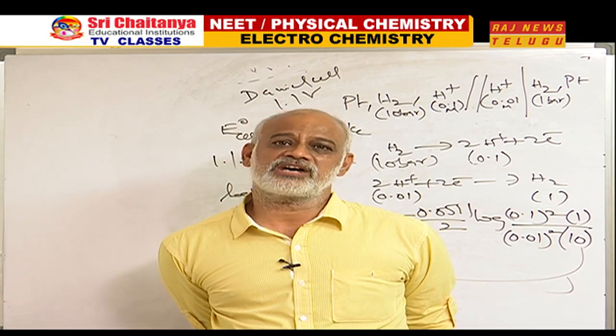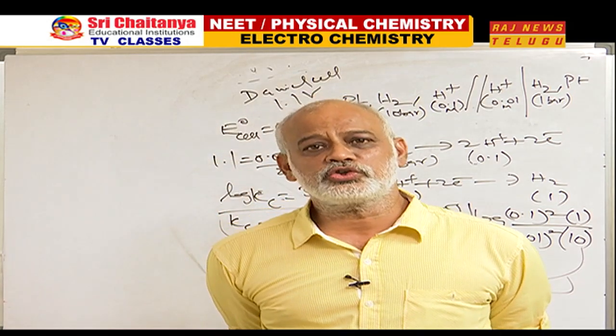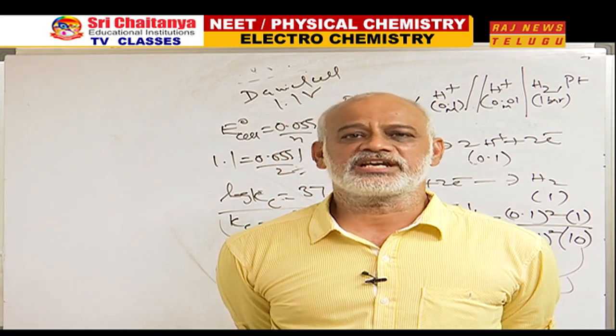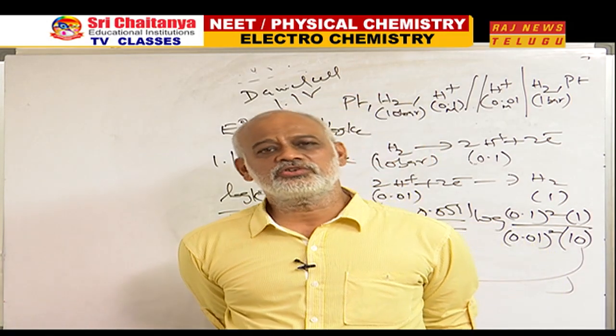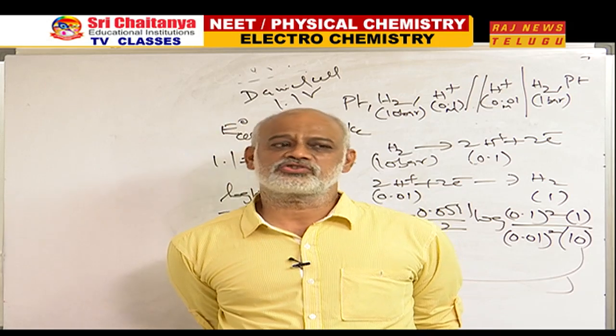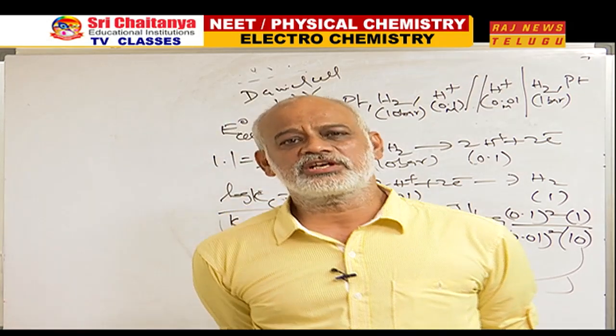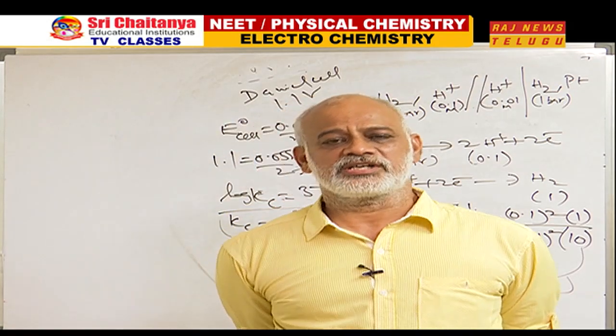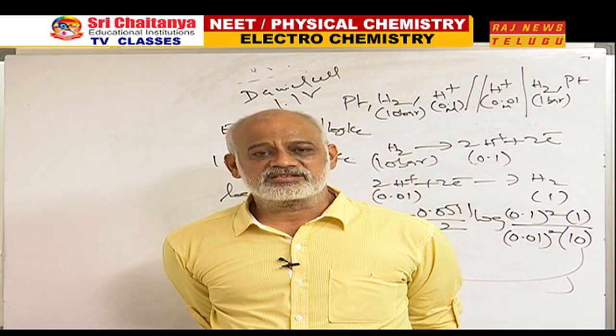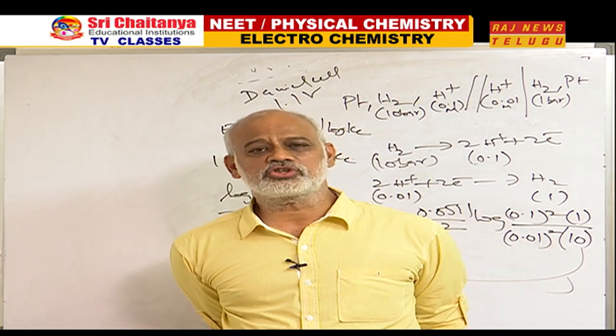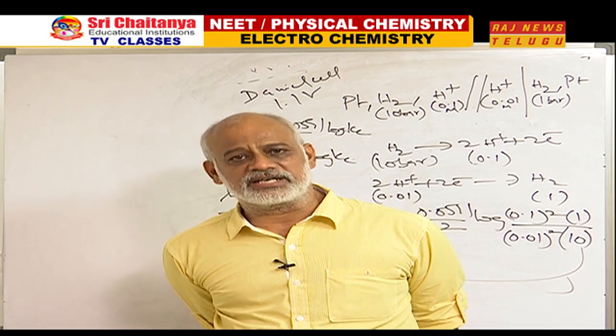What is the formula of rust? Fe2O3.xH2O is called rust. This rust is nothing but due to oxidation of iron.